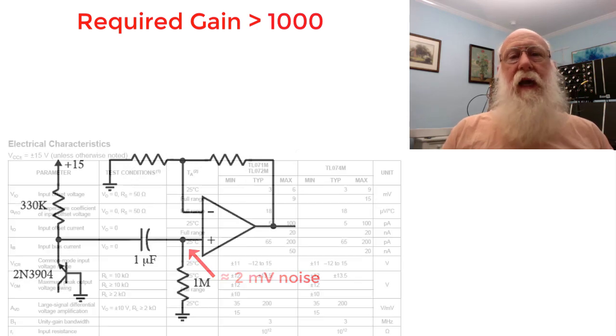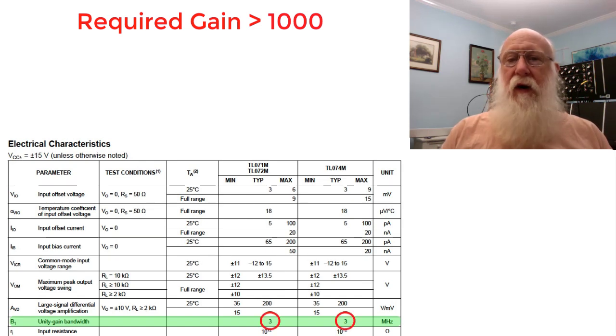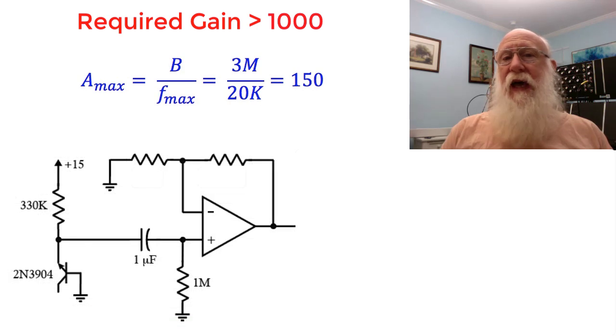Now, if we look at the gain bandwidth product for the TL07 series, which is what we will be using here, it's 3 megahertz. So that means that if we divide 3 megahertz by the maximum frequency we want to come out of that thing unchanged, which is the upper end of the audio spectrum, which is 20,000 hertz, 3 meg divided by 20K is 150 maximum gain.